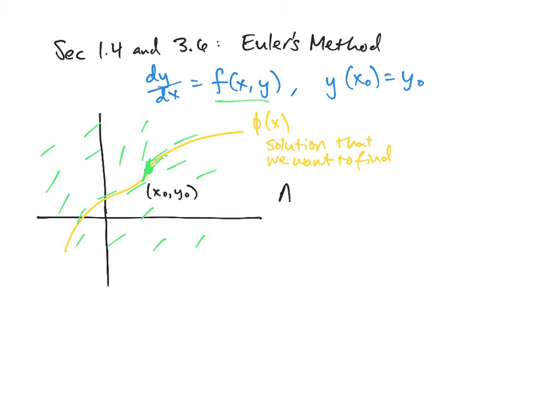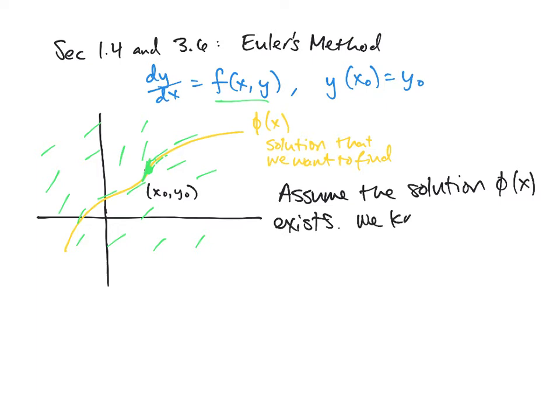So first of all, let's assume the solution exists. If we want to figure out what all the points of phi are, then, well, we have one to start with. So we know phi of x naught equals y naught, because that's our initial condition.